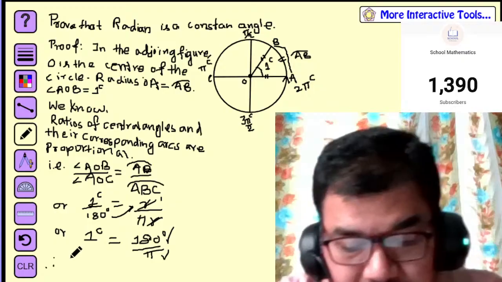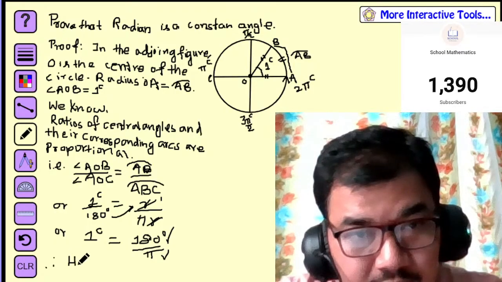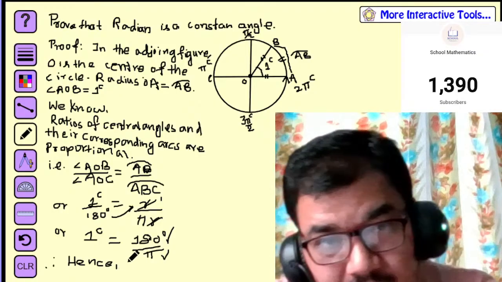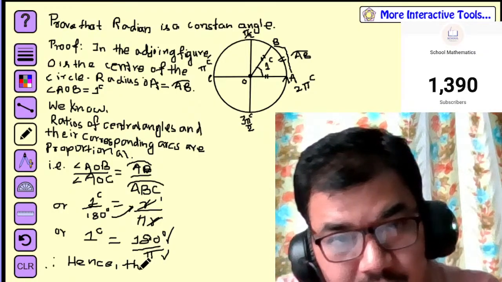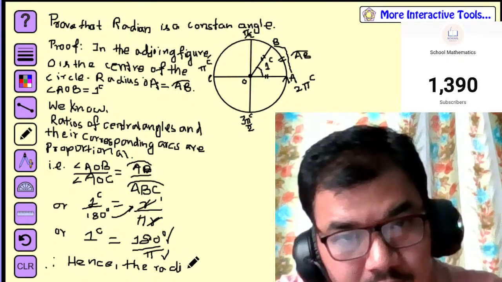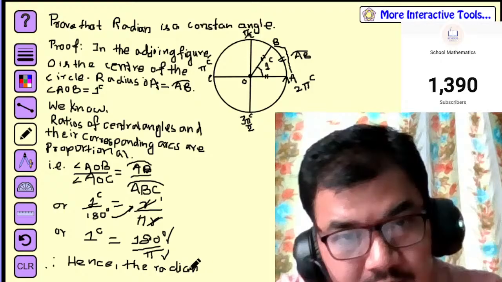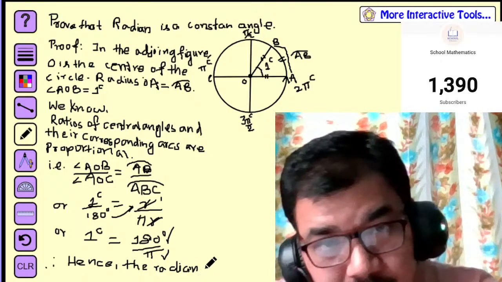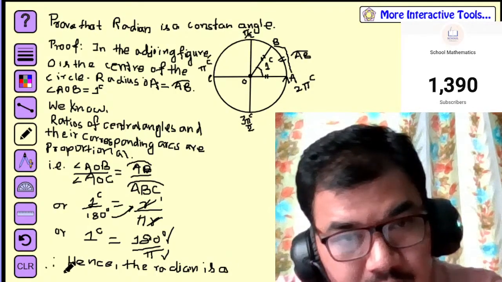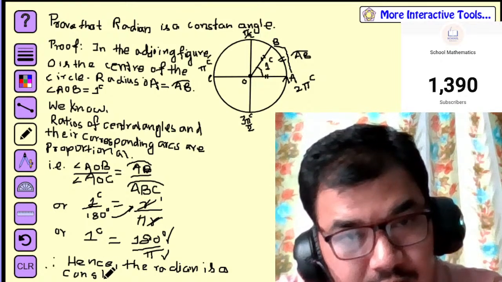Hence it is proved that the radian is a constant angle.